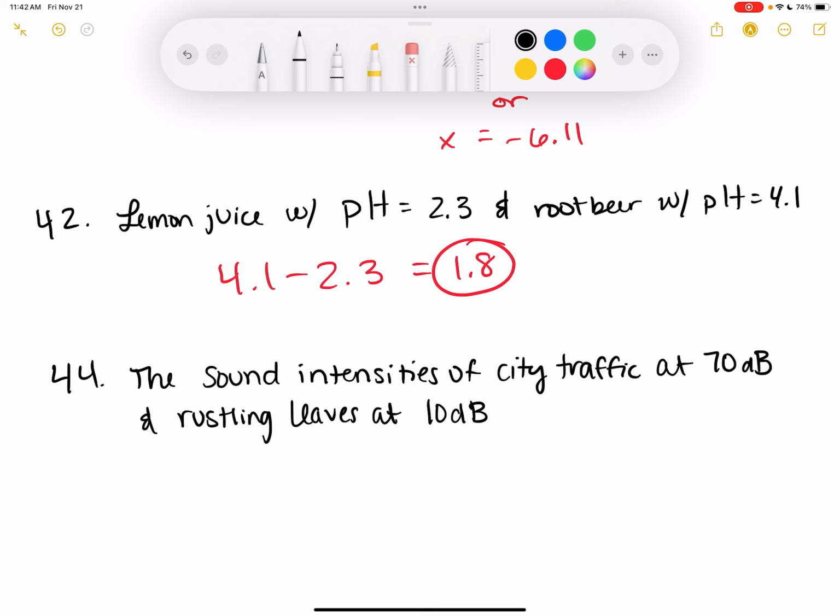So we would do 70 minus 10, which is 60, but that's how many decibels it is, but in order of magnitude, we're looking at powers of 10, so this would be 6 orders of magnitude.